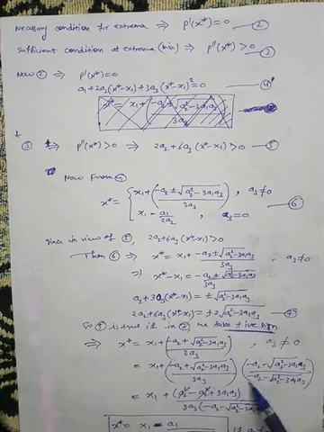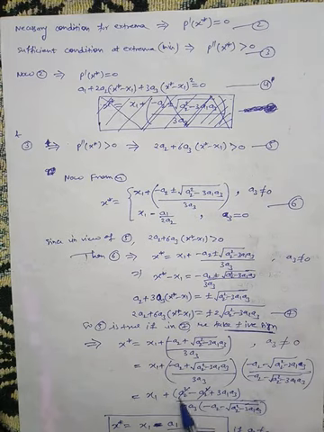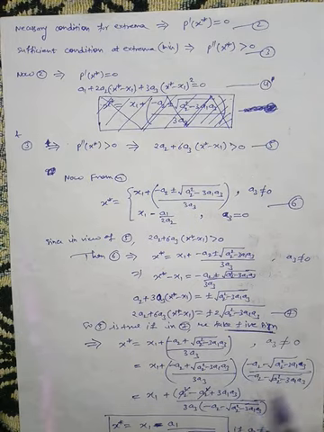The numerator becomes a2 square minus a2 square plus 3a1 a3, divided by 3a3 times minus a2 minus square root of a2 square minus 3a1 a3. After simplification, 3 cancels with 3, a3 cancels with a3, so we get a1 only in the numerator. So x star will be x1 minus a1 upon a2 plus square root of a2 square minus 3a1 a3, if a3 is non-zero.